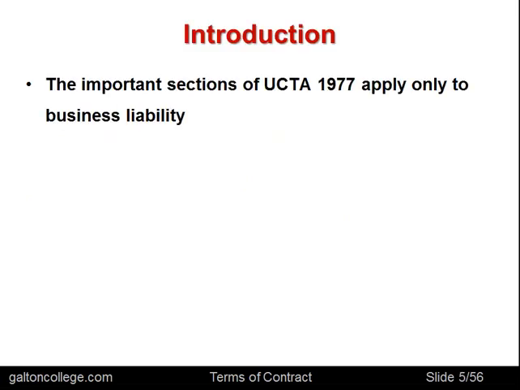Now, the important sections of the Unfair Contract Terms Act 1977 apply only to business liability. So we're exclusively dealing with business liability, nothing between people, no personal contracts are being discussed here. It's a business situation.